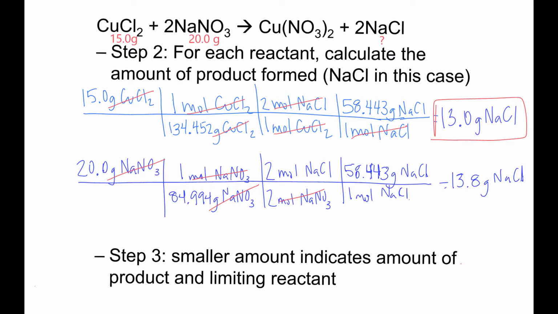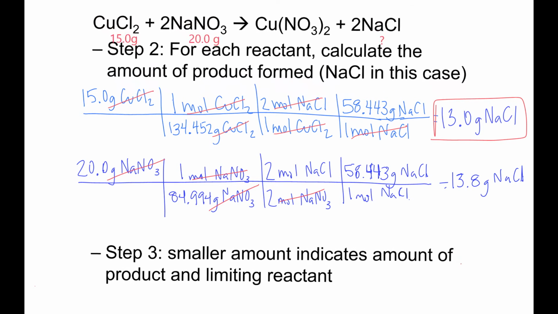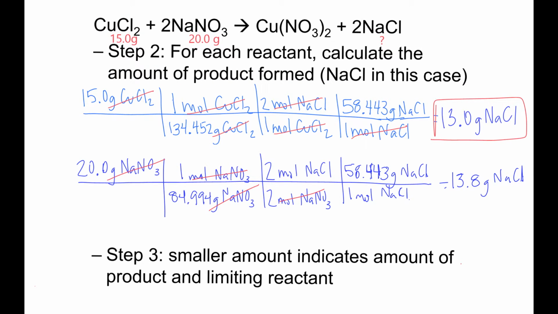At this point, it's going to ask us what our limiting reactant is. So our limiting reactant is the reactant that our smaller product came from. So our LR, which is our limiting reactant, is CuCl2.